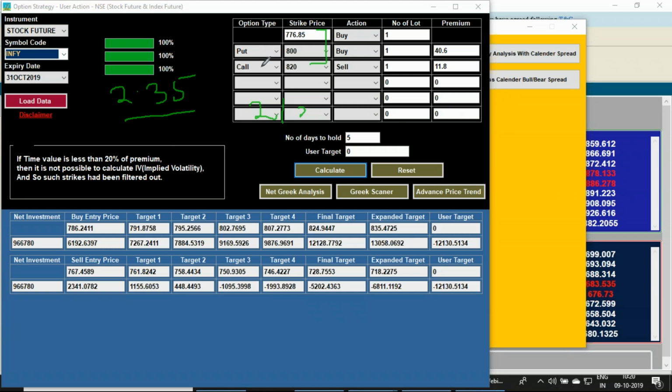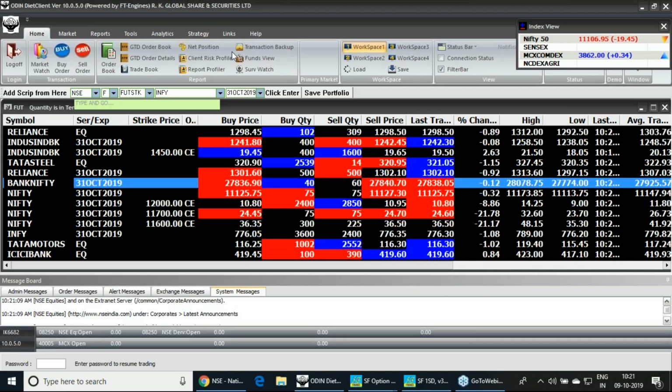If you form 2 calls buy, 1 call sell, 2 puts buy, 1 put sell, you are giving 24,000 rupees of time value money, that means almost 10% of your capital. That I never recommend.